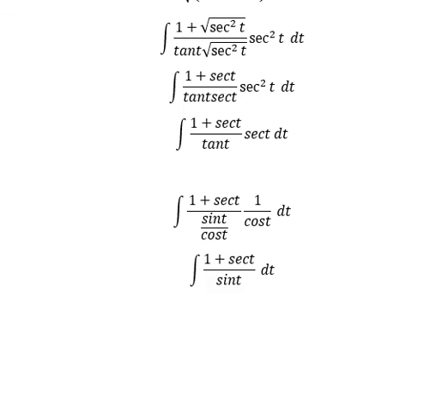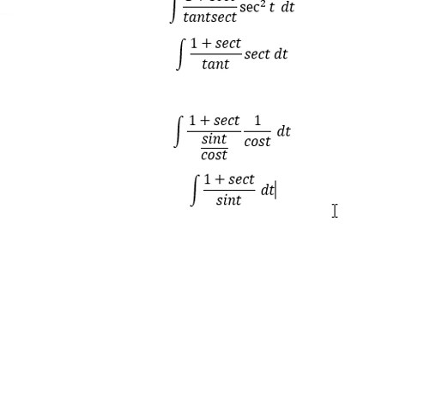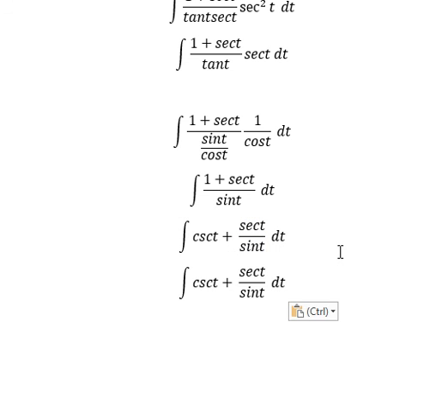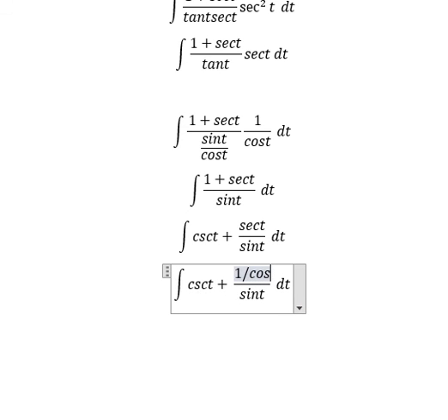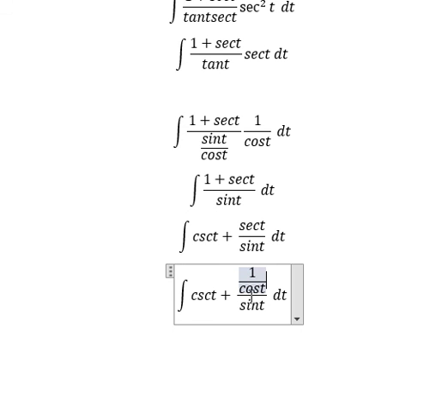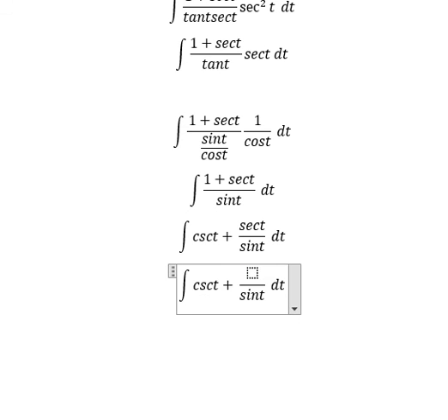Next, 1 divided by sin t, we have cosecant of t, and we have another one, that's secant of t over sin t. And we know that secant of t, that's 1 over cosine t. So we put cosine t on denominator.